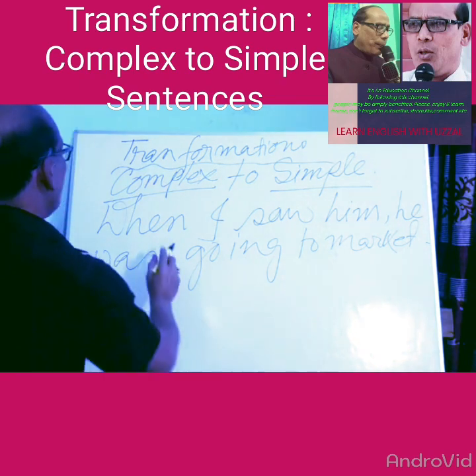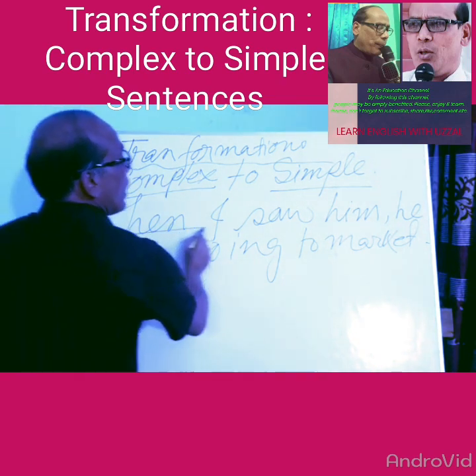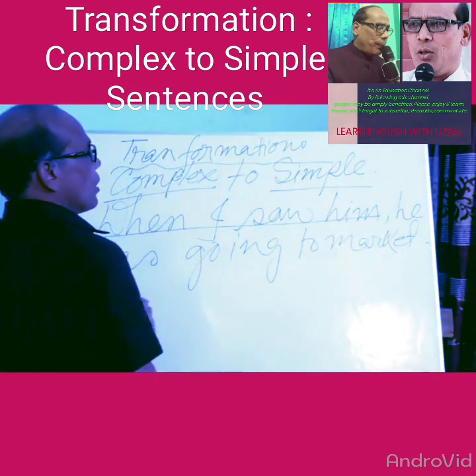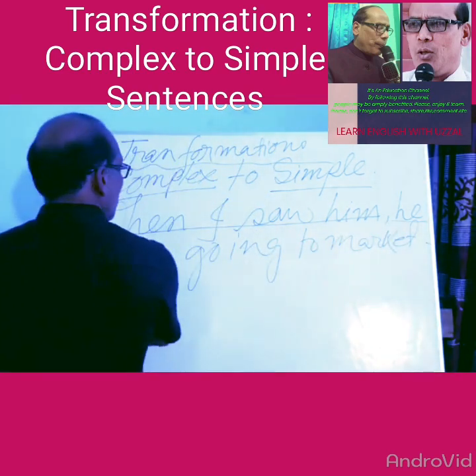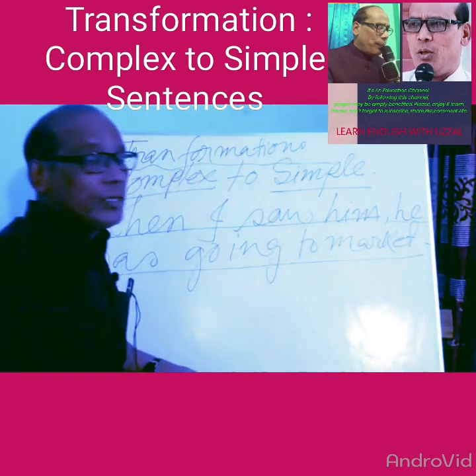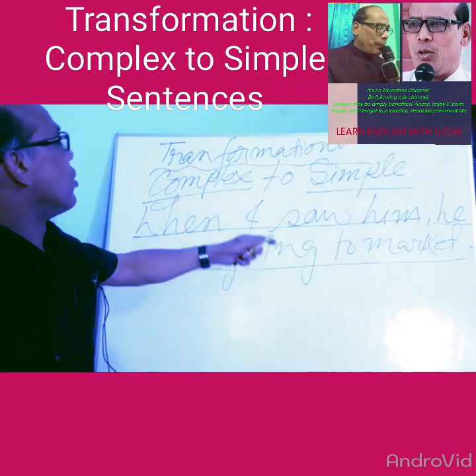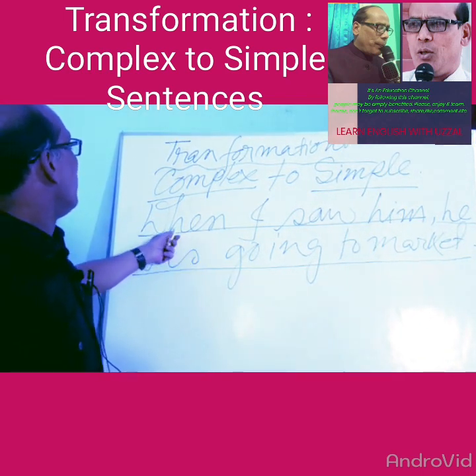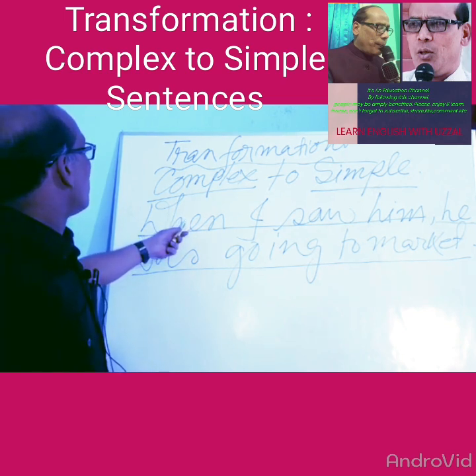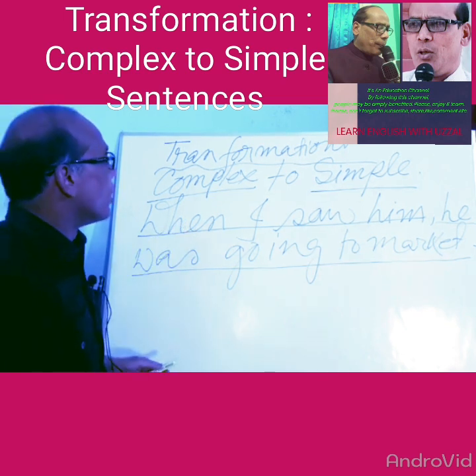Dear listeners, you see, when I saw him is one part, and another is he was going to market. This is a complex sentence because two clauses have been joined by a subordinating conjunction, that is, when.